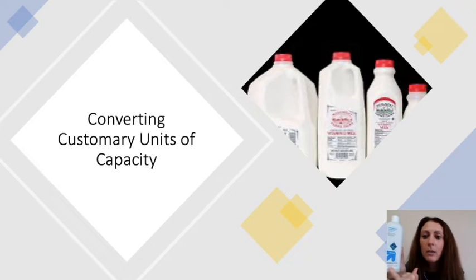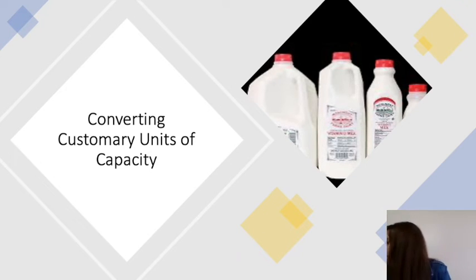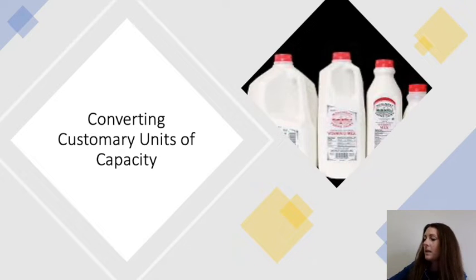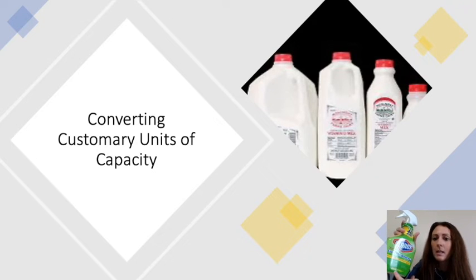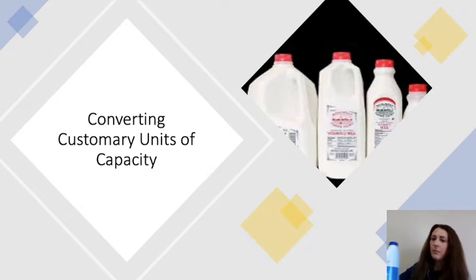So that's what we're talking about, some of the measurements. We're talking about ounces. I also found this Clorox bleach, and on the side it says 32 fluid ounces. So they're talking about ounces there, and ounces is the smallest unit we're going to be talking about in math this week.